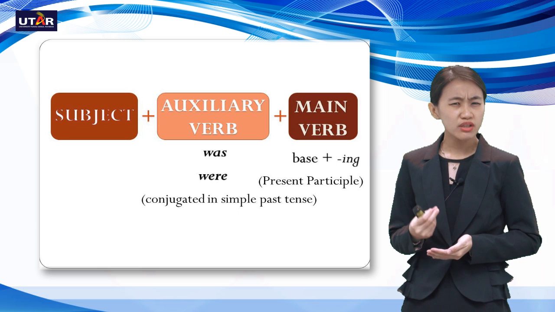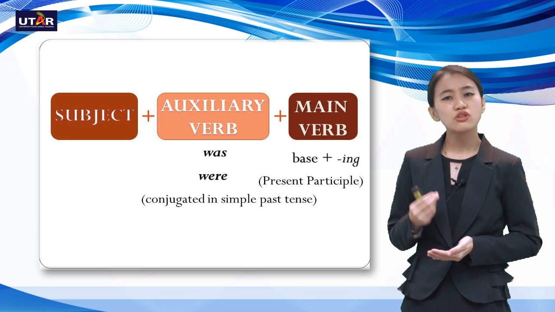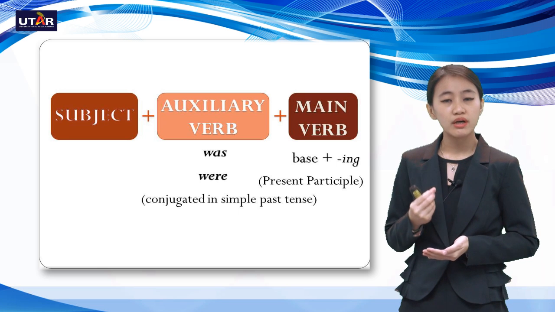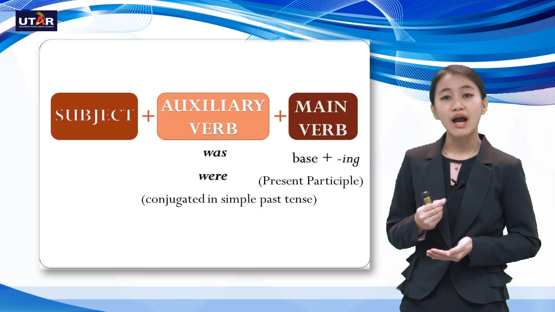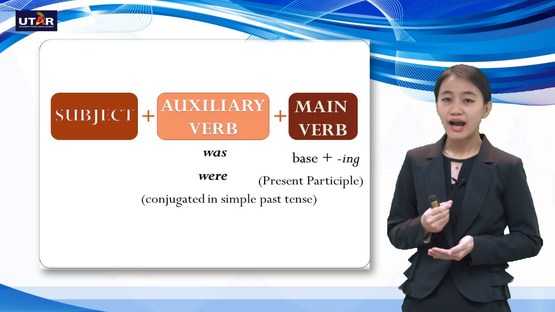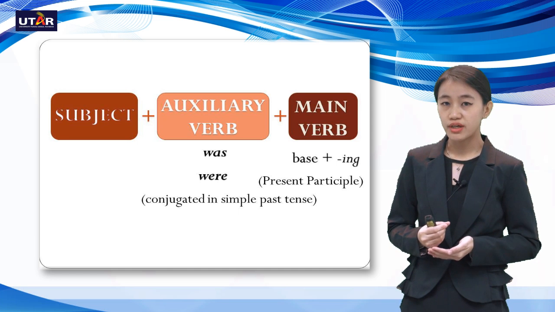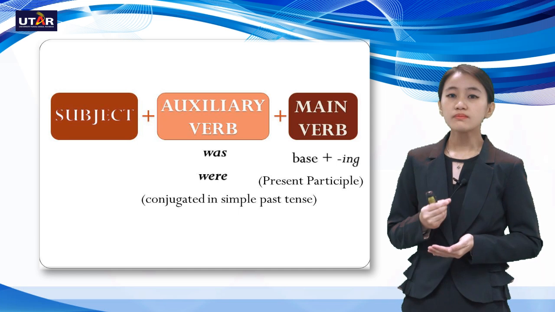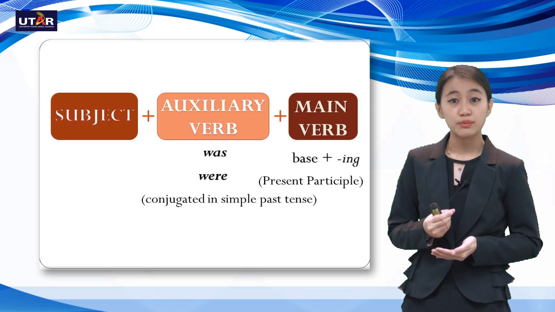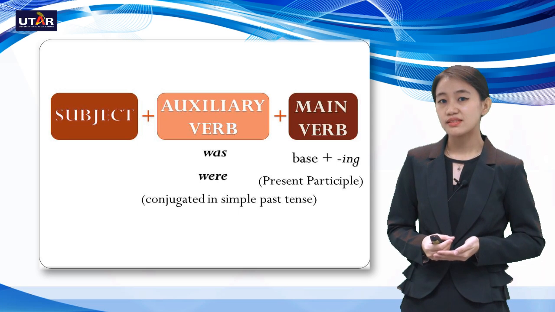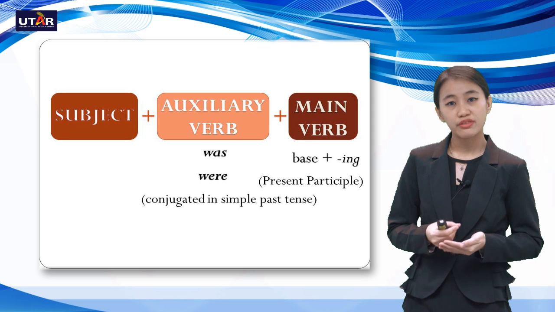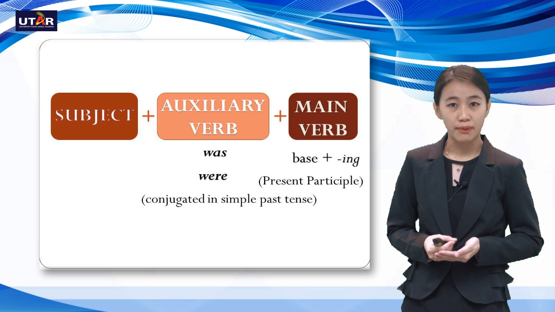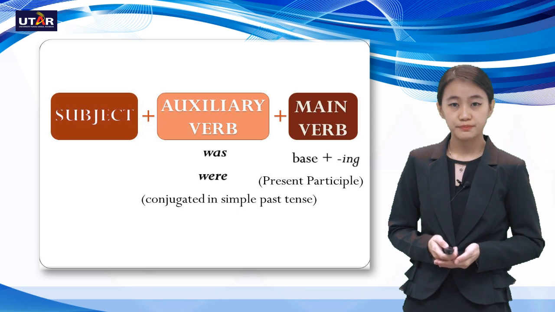So, when you hear the word continuous, you should automatically remember the verb must be with ing. So now, whenever you see a verb in ing, you must remember to have the be verb. Since this is past continuous, therefore your be verb is in past, was or were.